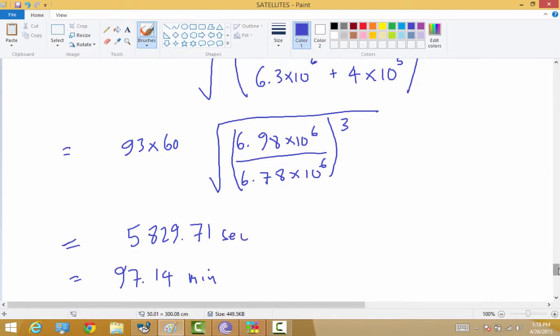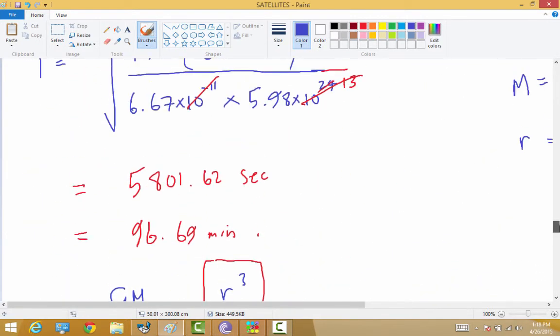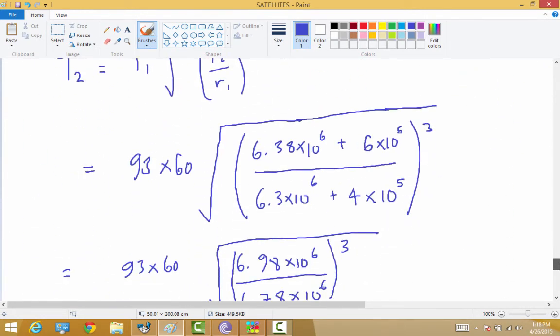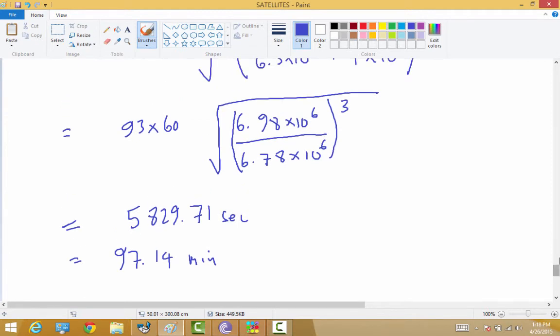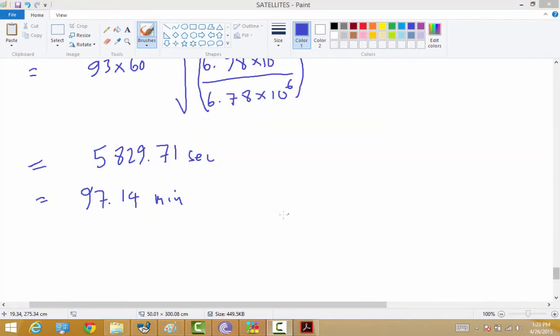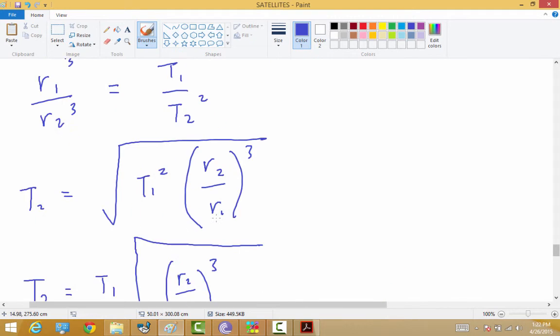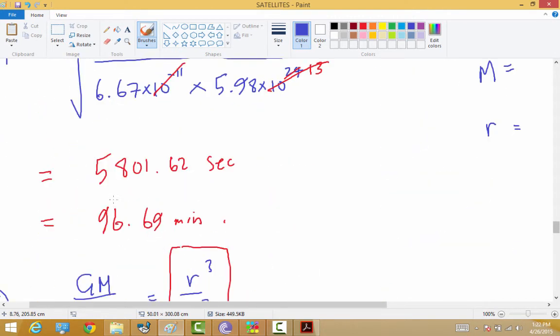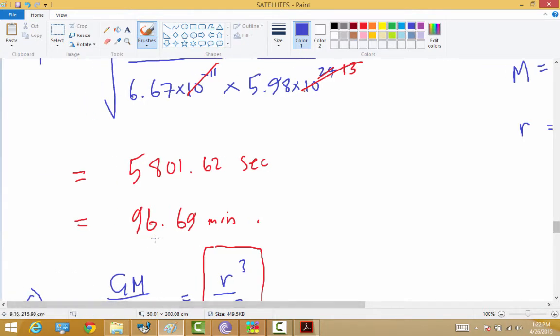Now it's a bit different to what we had before. We had 96.69, and just have a look at the reason why. Using this method to find the period, we get a time of 97.14 minutes, and in question B, it asked us to calculate the period also, and we got 96.69.